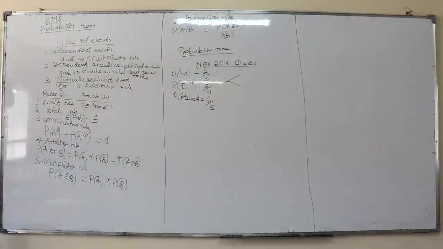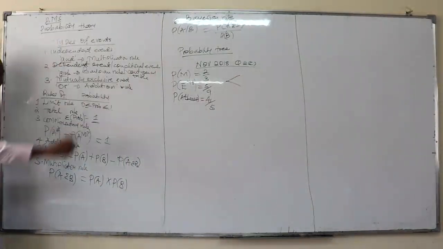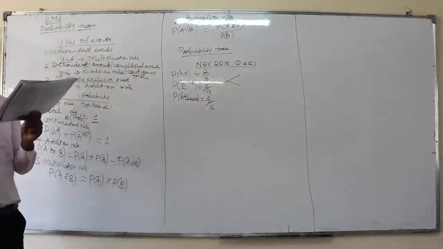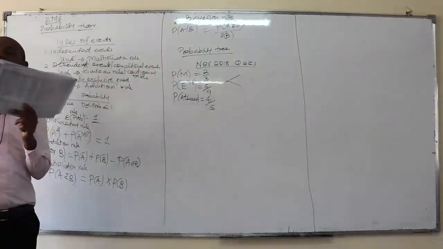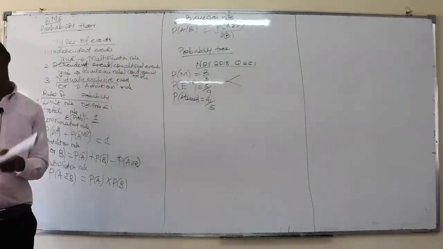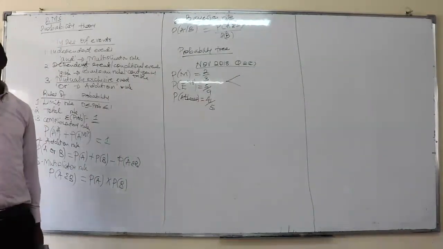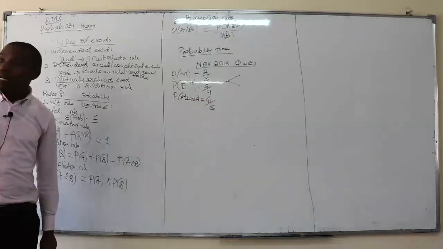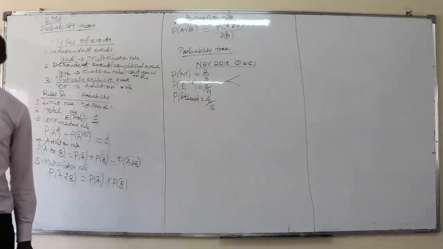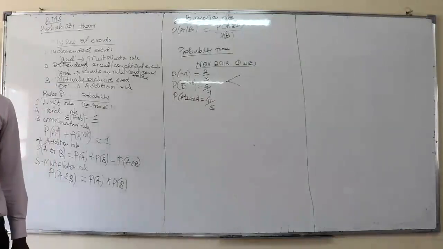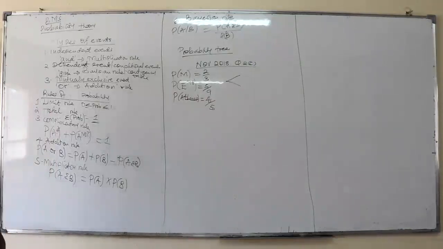They are denoted by the word and, therefore in this case, it says the probability that he passes and the probability that he fails. That is what we call an independent event, and an independent event does not have any starting point, so you can start from anywhere.